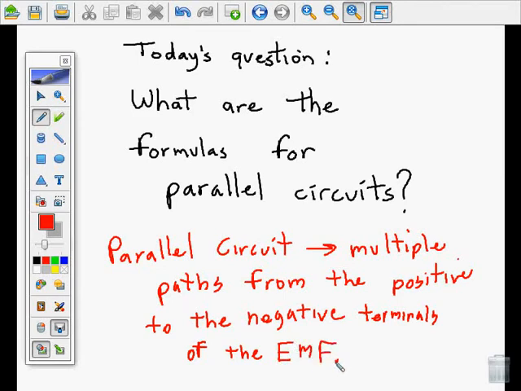And remember, by EMF I mean the voltage source, whether it's a generator or a battery. The key thing is that there are multiple pathways.